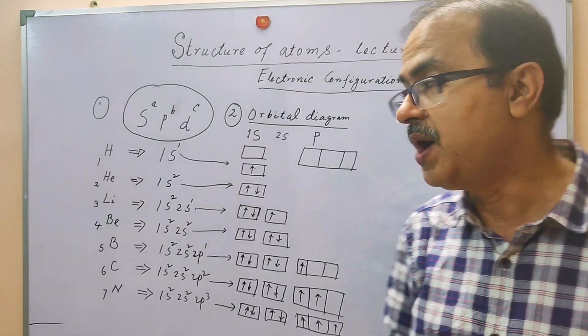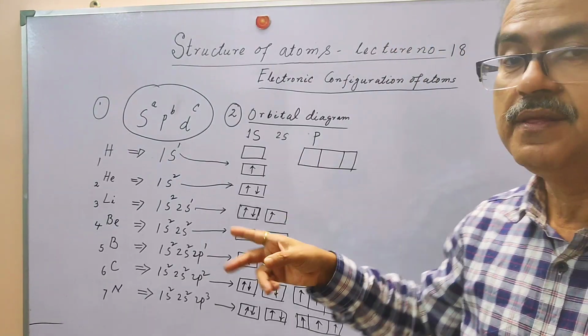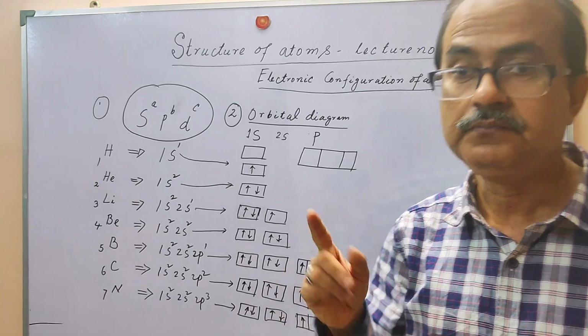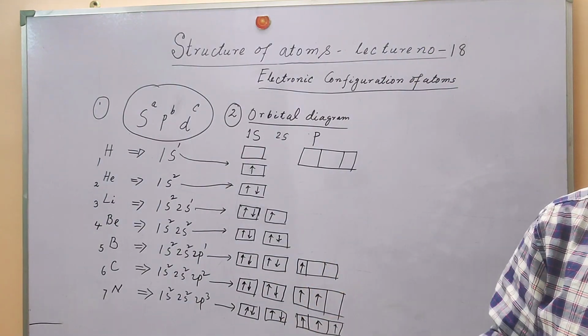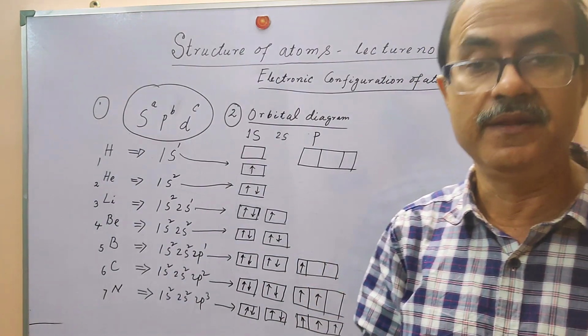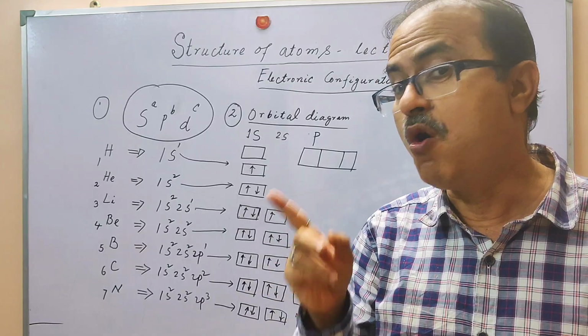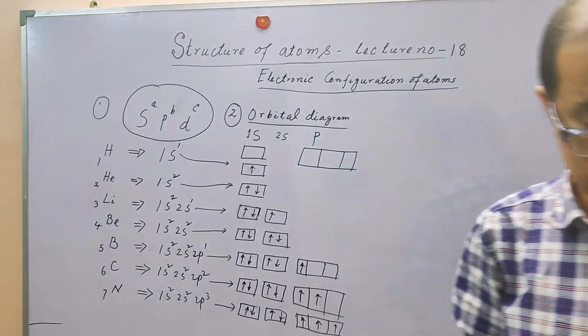That is why when pairing electrons in the same orbital, they will have opposite spins.